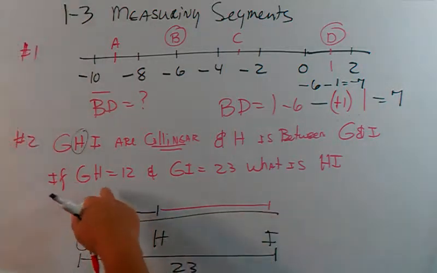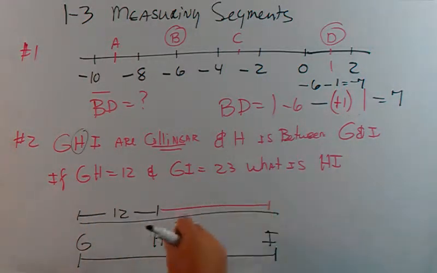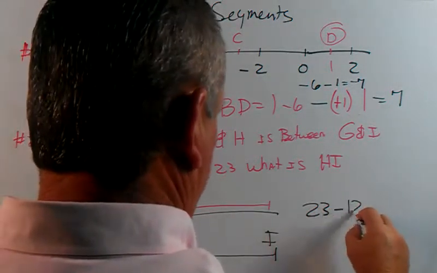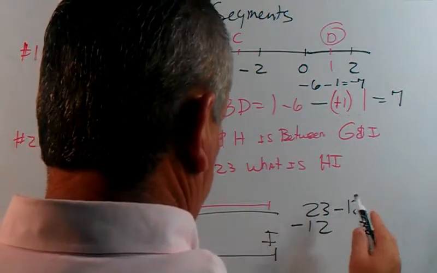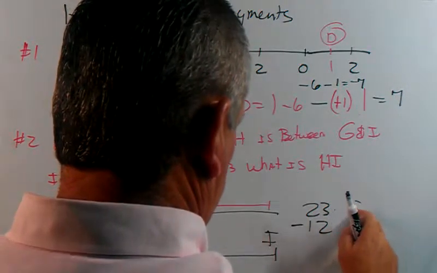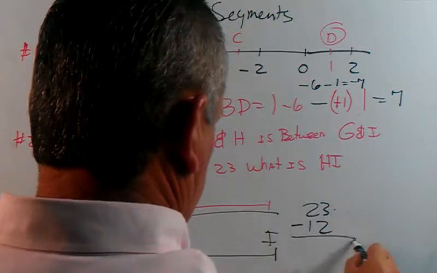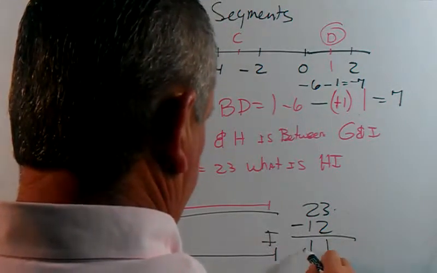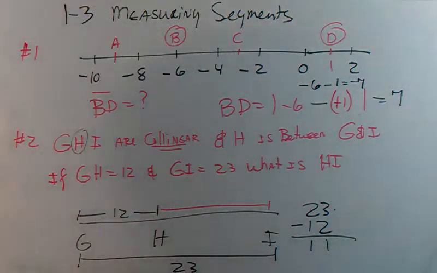Makes sense to me. What is HI? So we've got a total length of 23 minus 12, which is 11. And that is the answer.